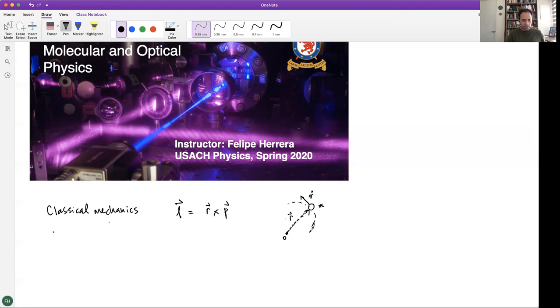So we know that linear momentum in quantum mechanics is basically P goes to minus i h bar times the gradient operator. What's the gradient operator?